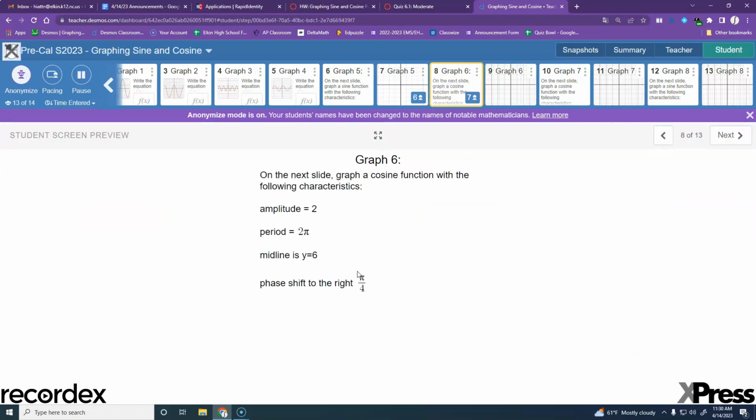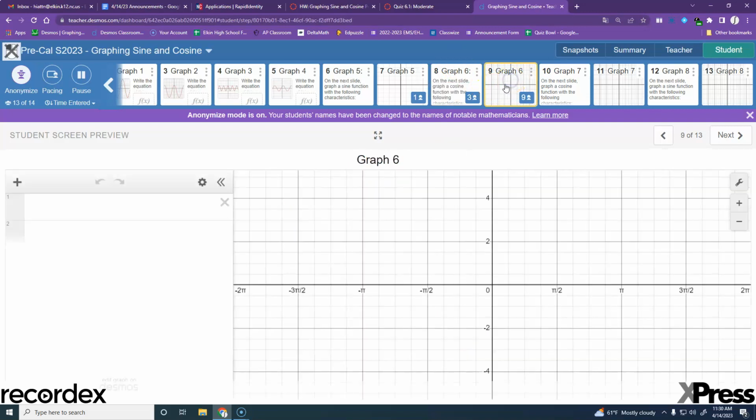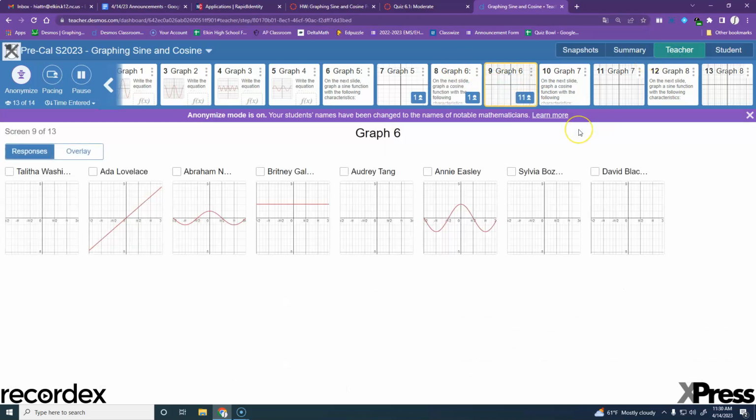This one: amplitude, period, midline, phase shift of pi over 4 to the right. And this one asks you to do a cosine function.